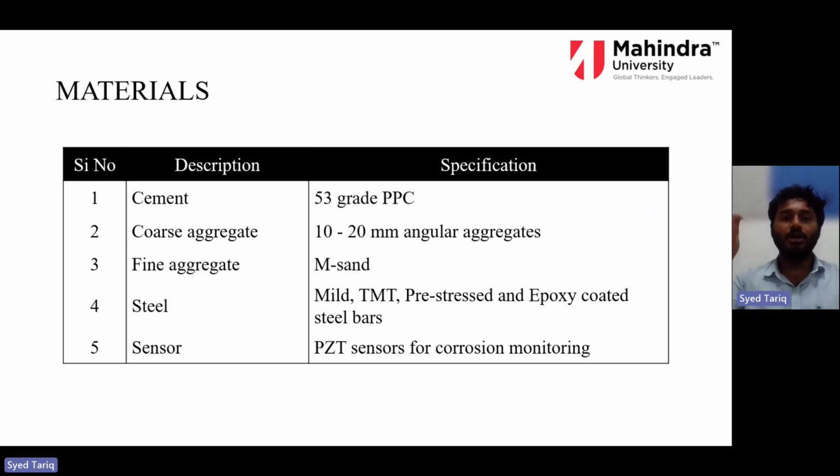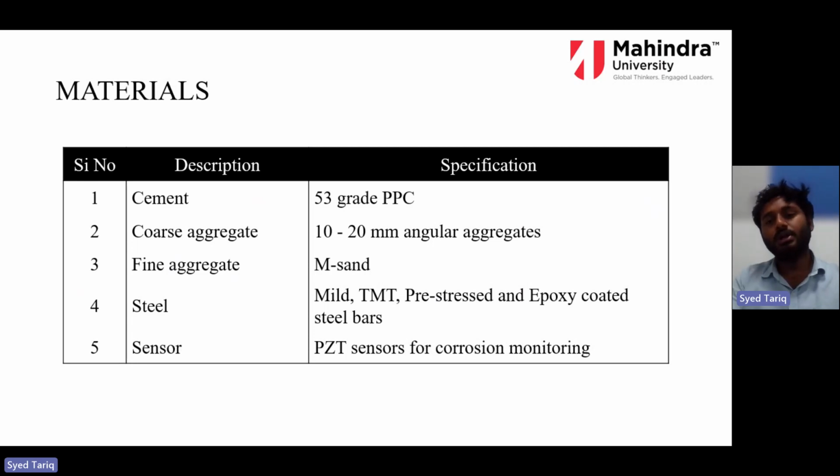steel bars, embedded in the concrete prism, a cylindrical prism. These are the materials I have adapted for the cylindrical prisms: concrete mix, cement 53 grade PPC, coarse aggregate from 10 to 20 mm, fine aggregate as M sand, and steel as we discussed: plain TMT, pre-stressed and epoxy coated.